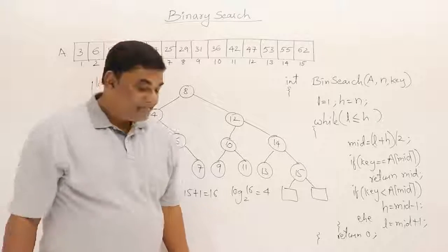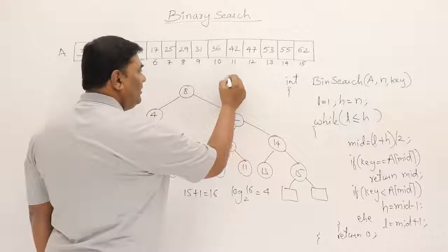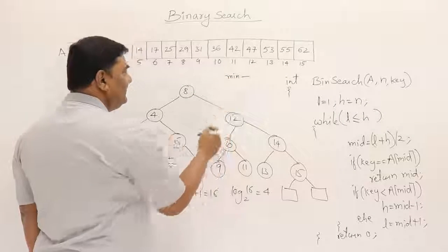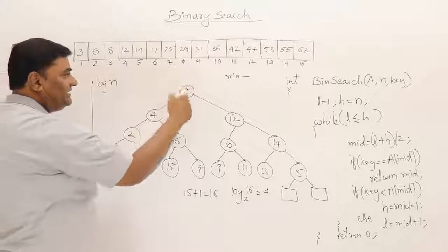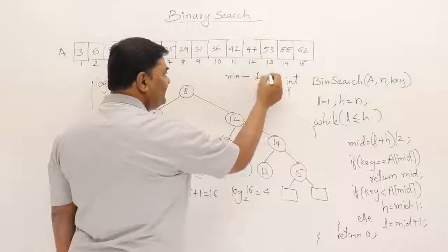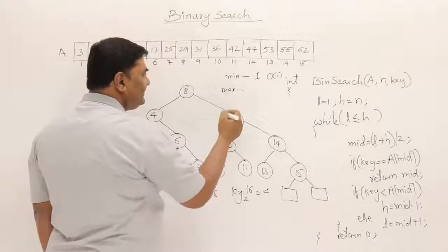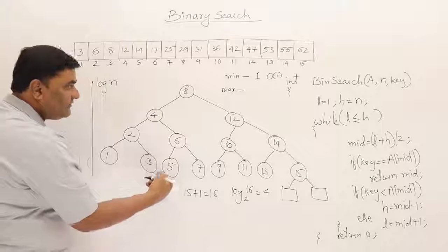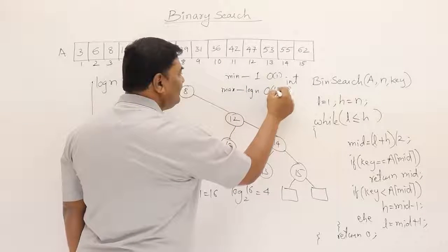Now one more thing. If I am searching for any key, minimum how much time it may take. If I am searching for a key element present in the mid, that is 29, then it will take only 1 comparison. So this is order of 1. Then maximum how many comparisons it takes? It depends on the height of a tree, that is log n. So this is order of log n.